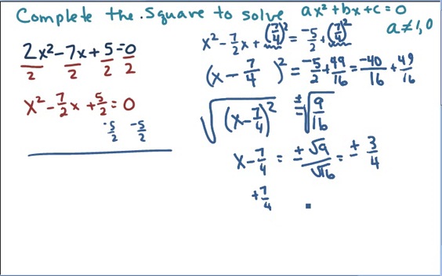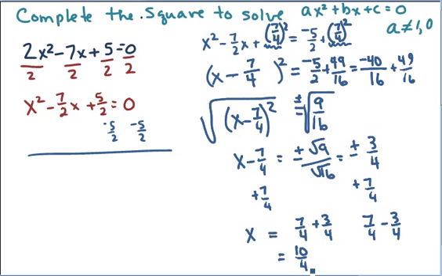Adding 7/4 to each side, then we have x equal 7/4 plus 3/4 for one answer, and 7/4 minus 3/4 for the other answer. So 10/4, which reduces to 5 halves, or 4/4, which is 1, becomes our solution set, 1 or 5 halves.